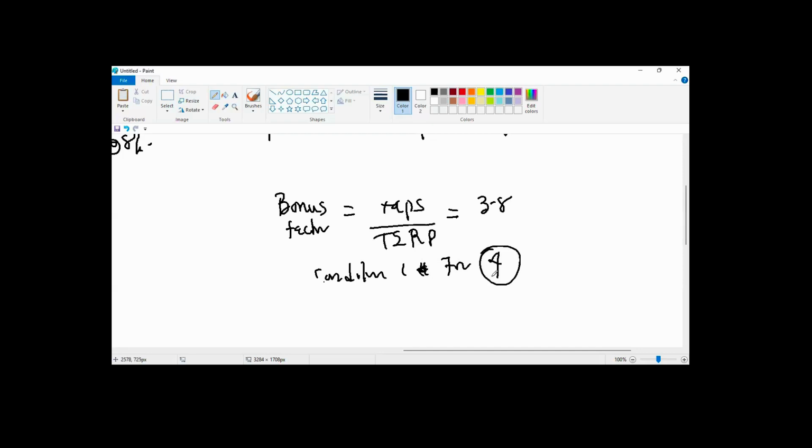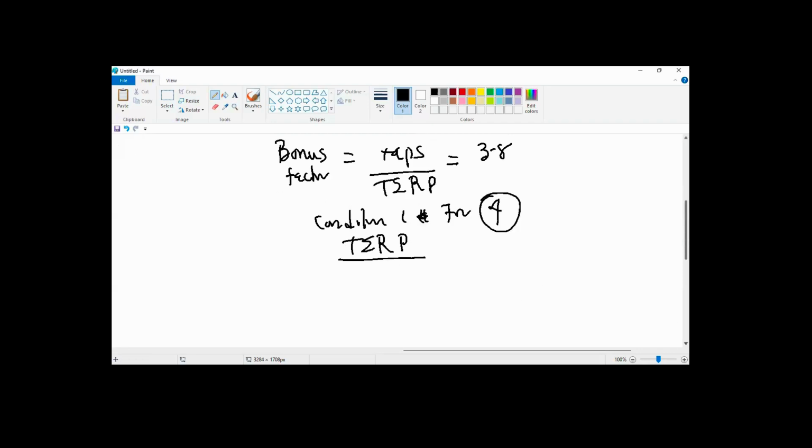I have 4, you are giving me 1. So to calculate my theoretical ex-rights price, I will say 4 at market price of 3.8, then 1 at below the market price, which is 2.80.